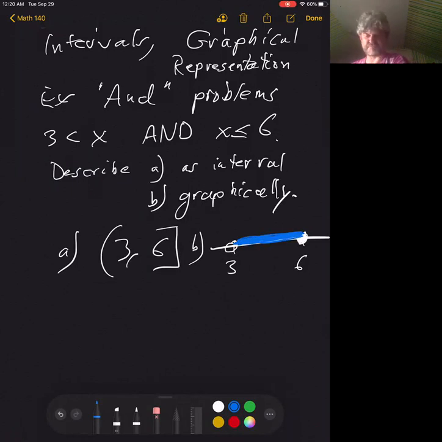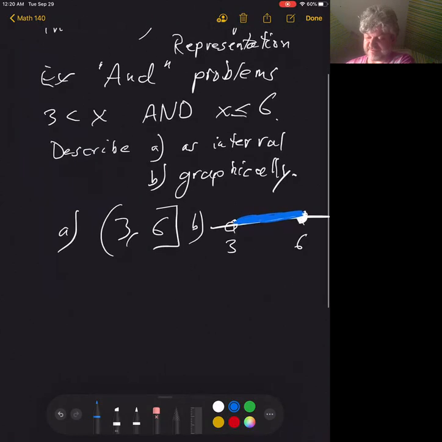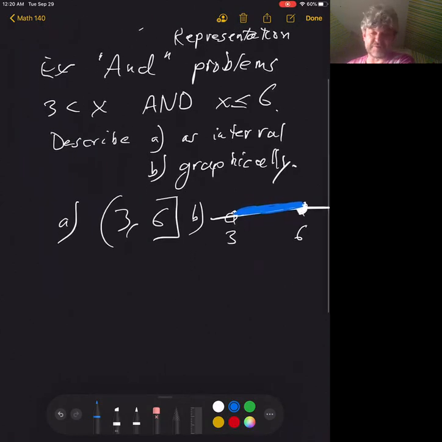Okay. Oh, that's everything that has to be said about "and" problems. But oftentimes when the inequalities happen like this, we can chain them together.